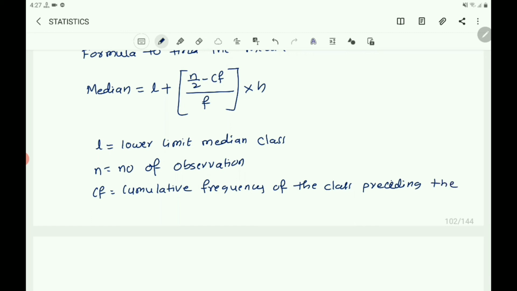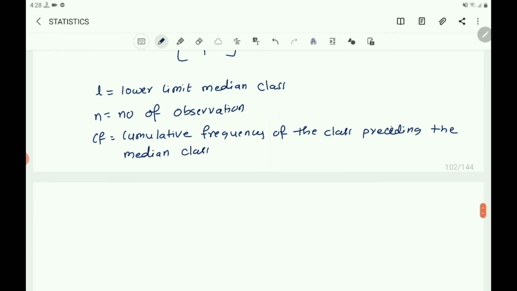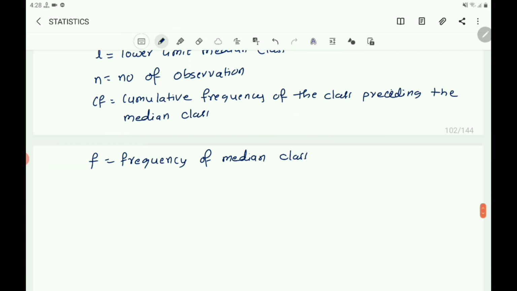And F is the frequency of the median class, and H is the class size. Here we assume the class sizes to be equal.